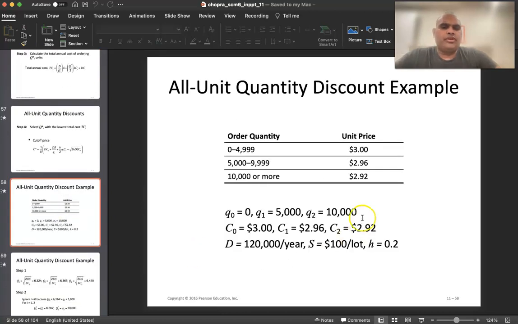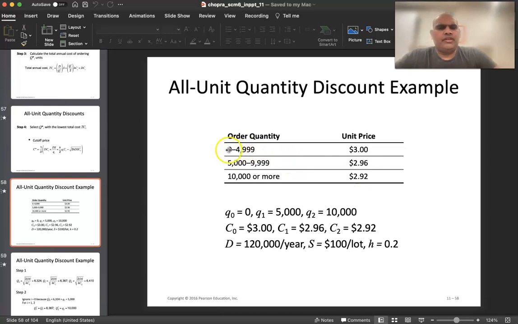So here is a simple example of a quantity discount schedule. Now, this is the same sort of quantity discount schedule that you get whether you're doing an all unit quantity discount or a marginal quantity discount. In either case, this is usually how you see it.